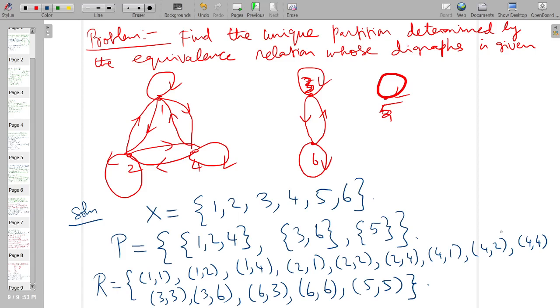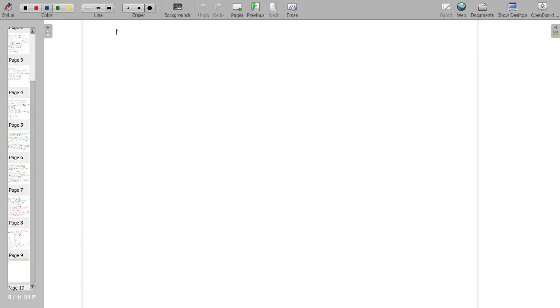So with this we complete the topic relation. What had been done in this topic? Okay, let me summarize it. If you look at this relation, we first discussed properties of relations.